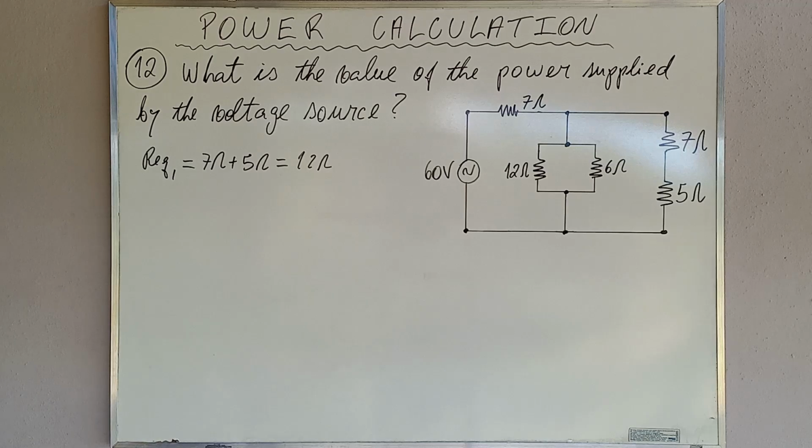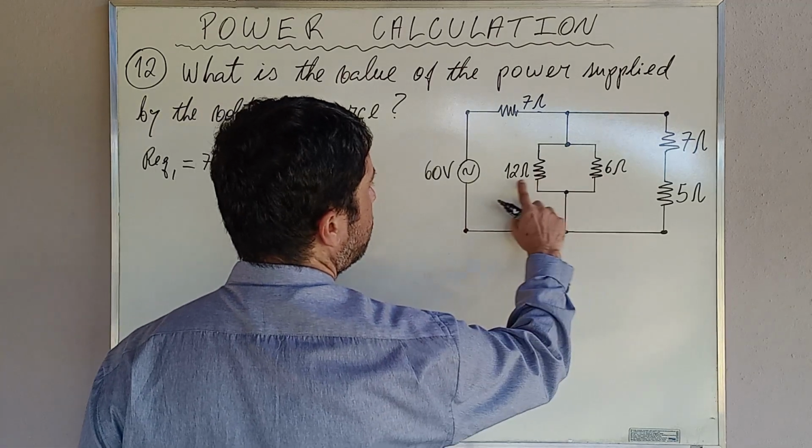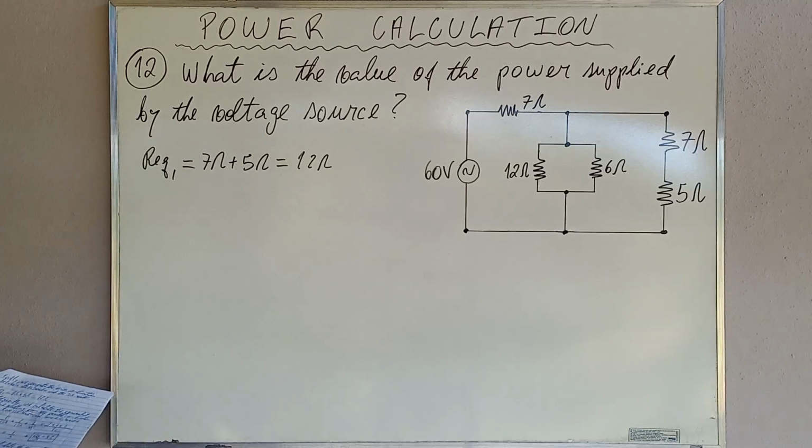Subsequently, we calculate the equivalent resistance resulting from the parallel combination between two 12 ohms resistances and one 6 ohms resistance. These two in parallel with this. And how can we calculate the parallel combination between three resistances?